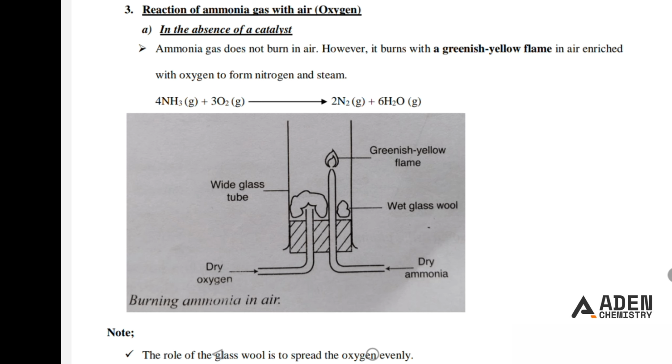a gas. So we are going to use this setup to see the reaction of ammonia gas with air in the absence of a catalyst. So we're having dry oxygen here and we're having dry ammonia gas on this other side. Then here we're having glass wool. This is a glass wool and we are using a wide glass tube, and this is the flame. It is burning with greenish yellow flame.